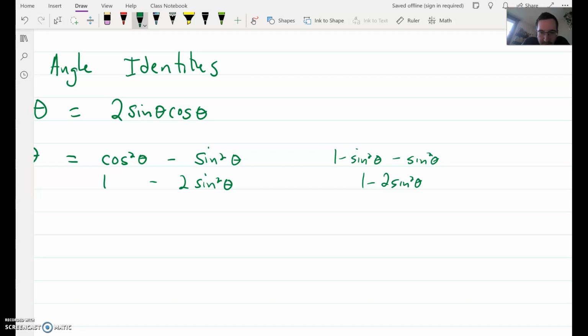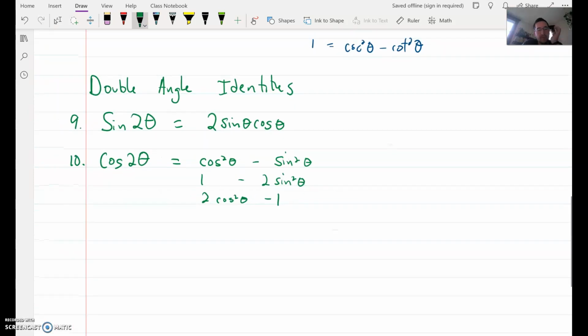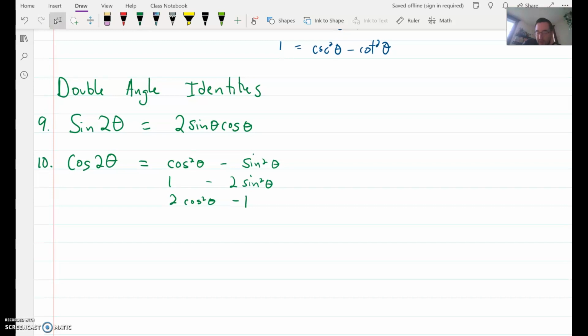And then the other variation, I'm just going to give it to you to save time, is if you switched in a 1 minus cosine squared for the sine squared, it would be 2 cosine squared minus 1. Those are the 3 variations for the cosine of 2 theta, and they each will come in handy at certain points, especially when we move into a hard level proof later in the week. That's going to pop up.